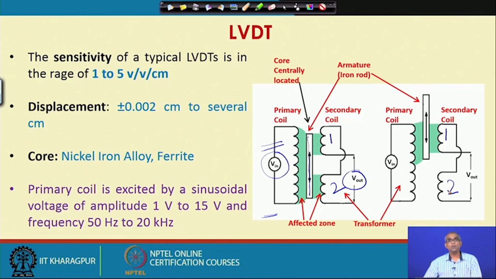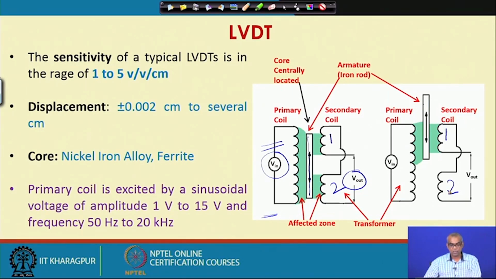It is reported as on both sides of the midpoint or null point. The core is made of nickel iron alloy or ferrite most commonly.